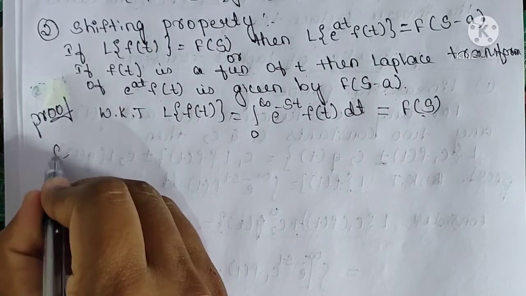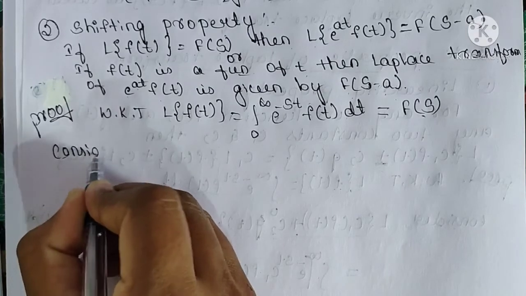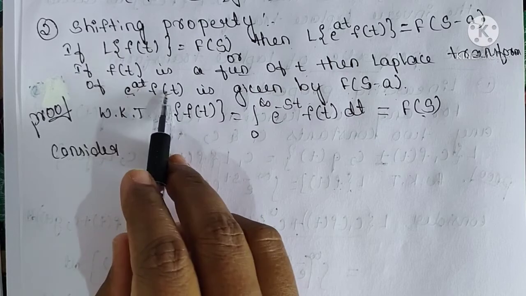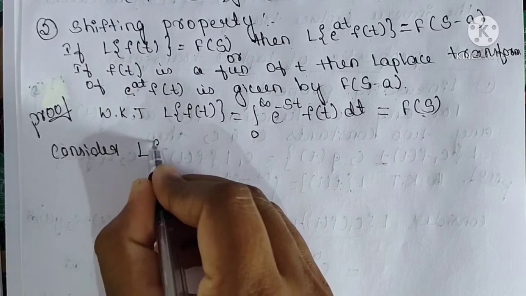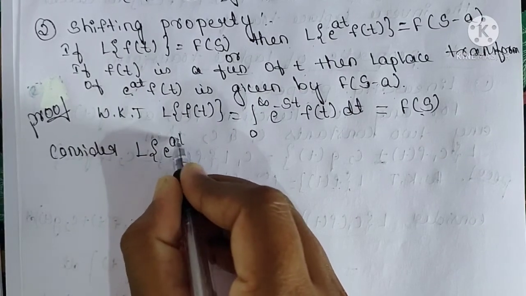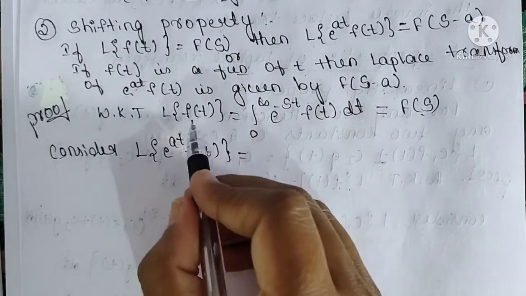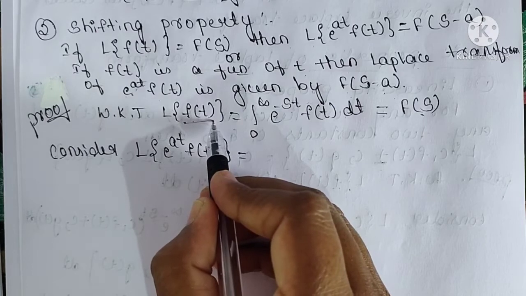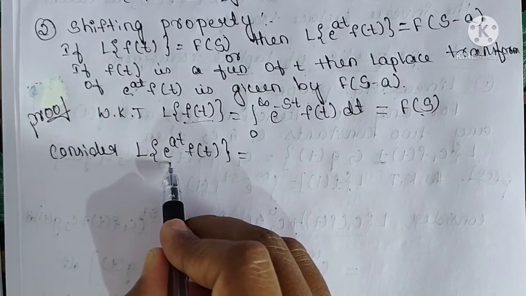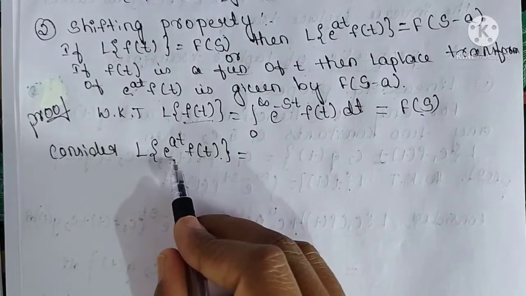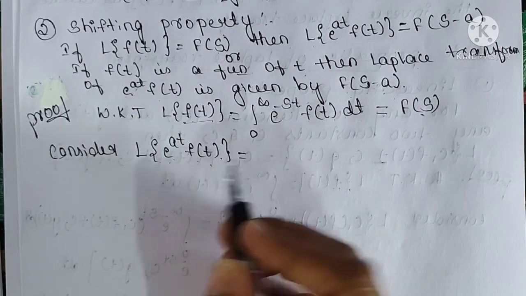Now consider the Laplace transform of e^(at) f(t), that is L of e^(at) f(t) is equal to, see here in place of the f(t) function, they have given e^(at) into f(t).